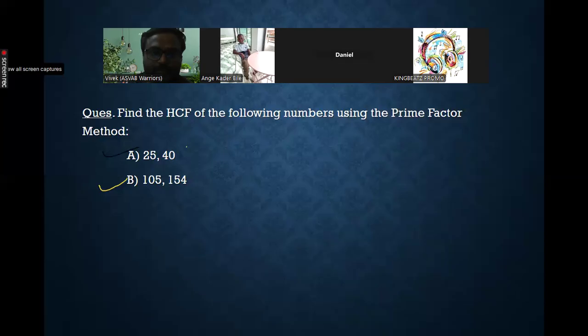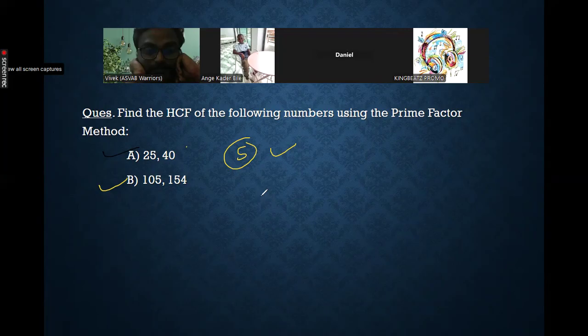A, I found 5. Awesome. What about B? B, I think 7.